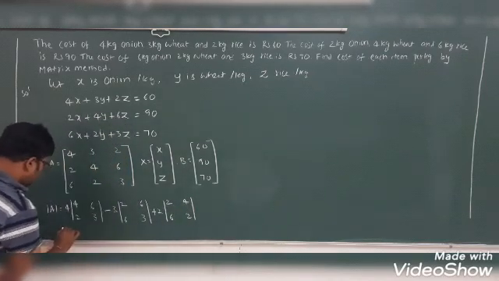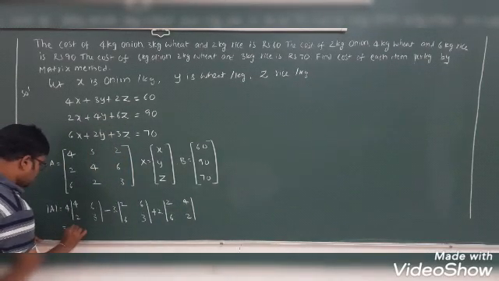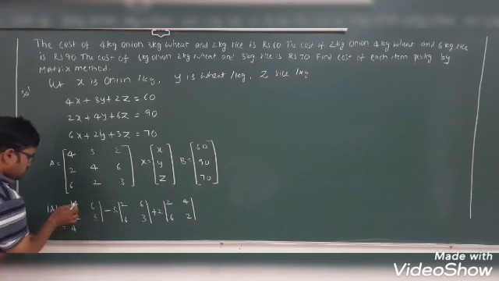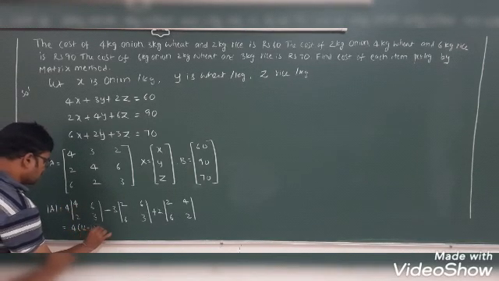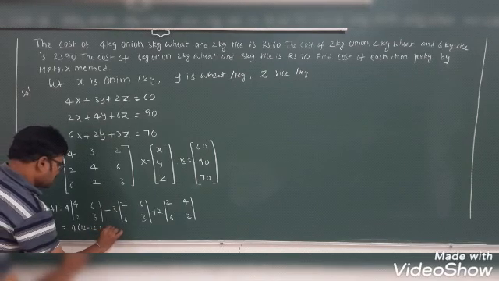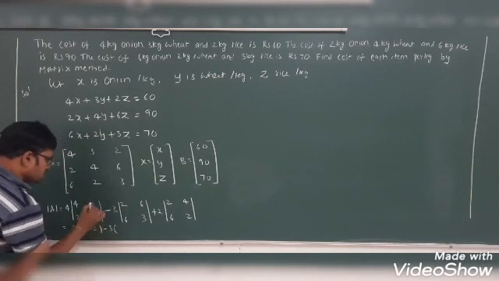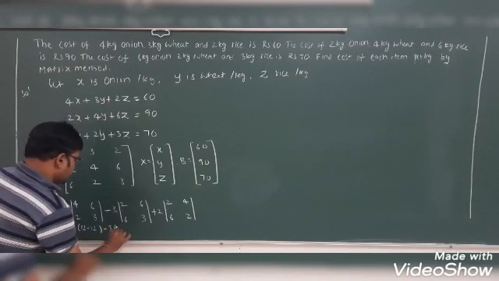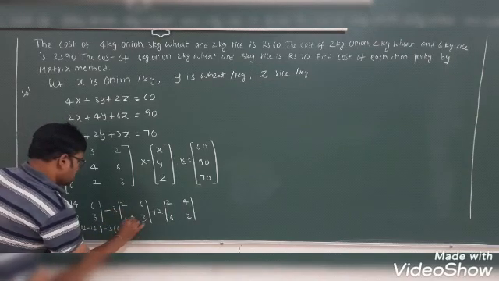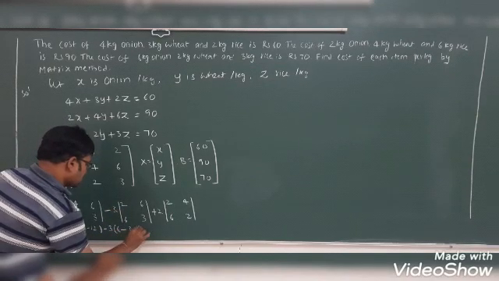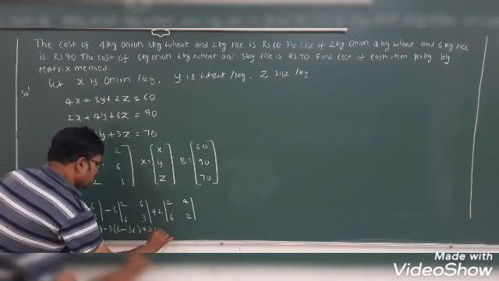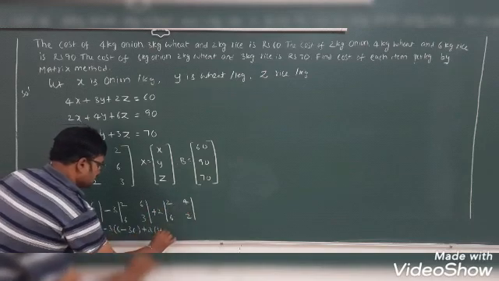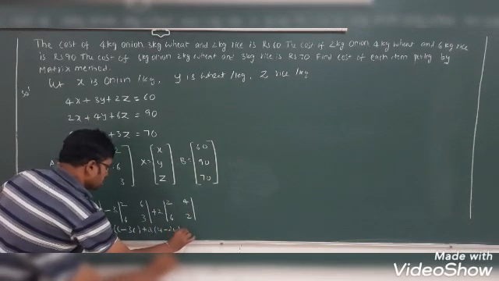So look here carefully. This first value is 4 into 12 minus 12, that is 12 minus 12, and minus 3 into 6 minus 36, plus 2 into 4 minus 24.